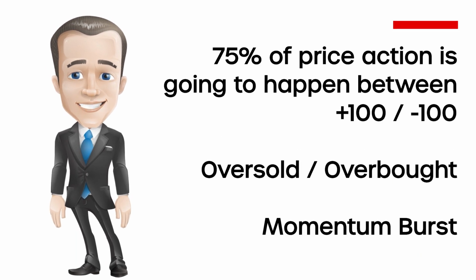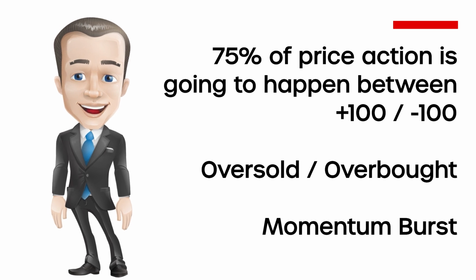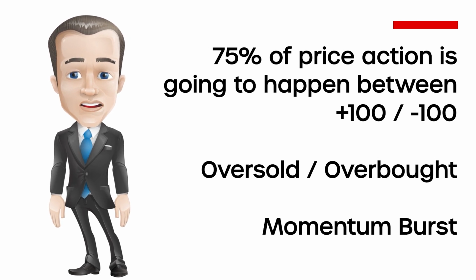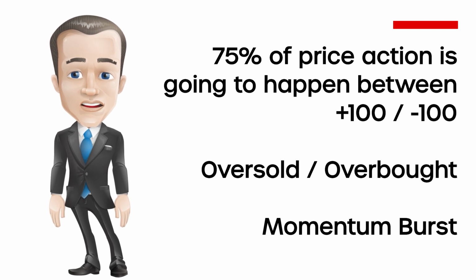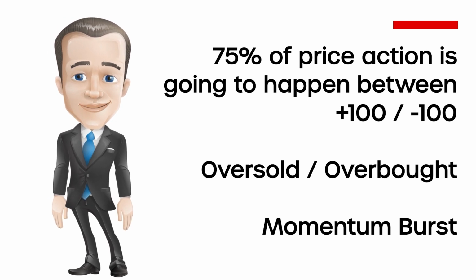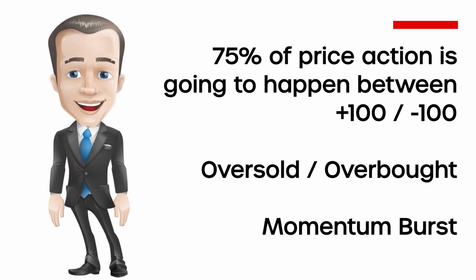Couple that with overbought and oversold signals using the default levels of the CCI, which are 100 and negative 100. Those levels were picked by the creator of the CCI to account for 75% of your price action happening between those lines.